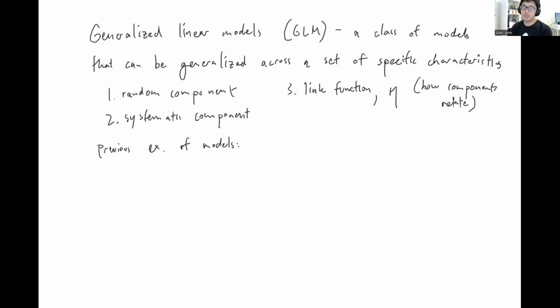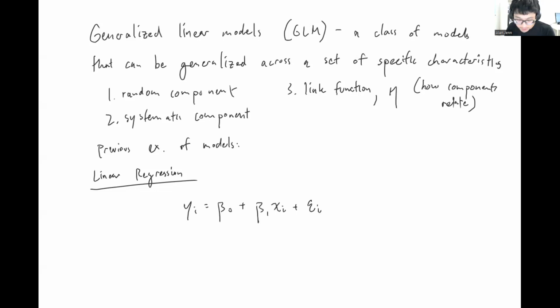The first one is the most basic one that we've talked about for a while: linear regression. So we've got yi equals beta naught plus beta 1 xi plus epsilon i.